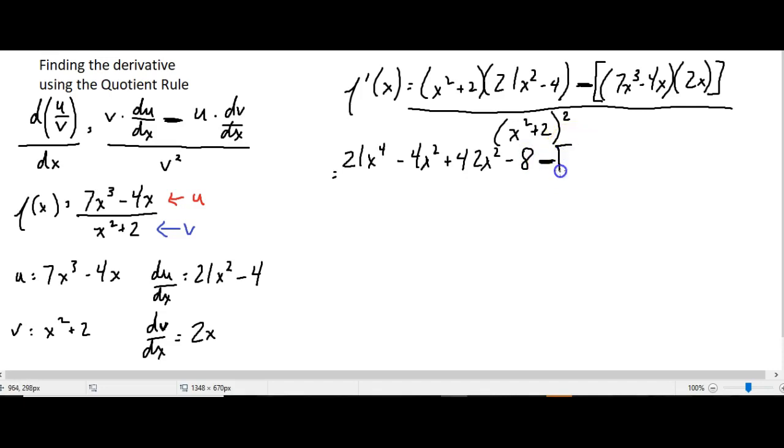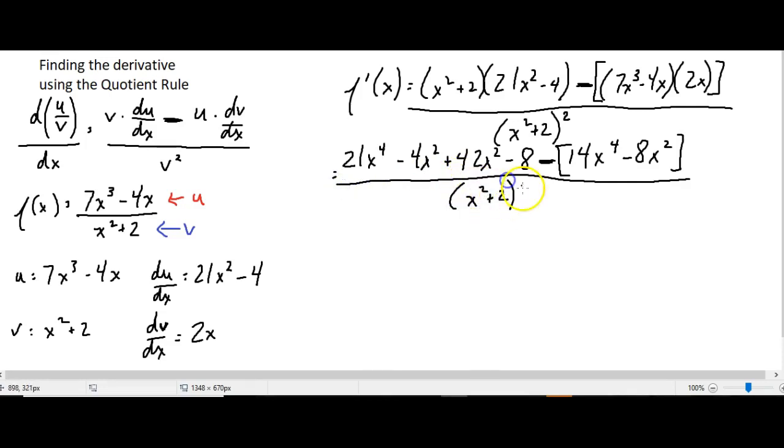Subtract 7x cubed times 2x, which is 14x to the 4. And minus 4x times 2x is minus 8x squared. Remember that that is all over v squared, which is x squared plus 2 all squared.